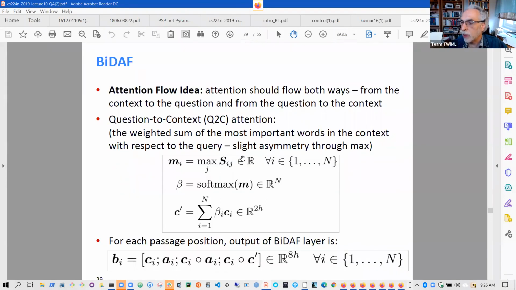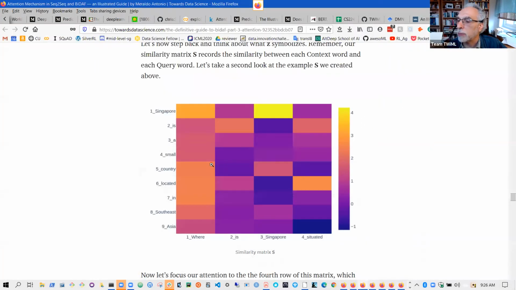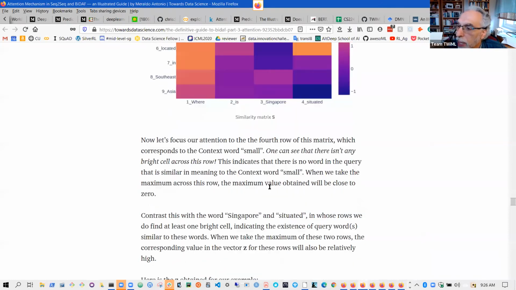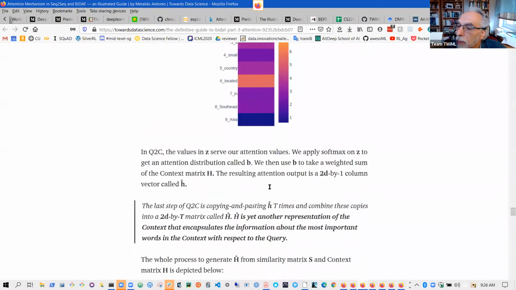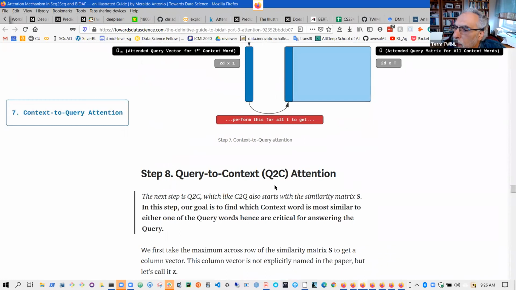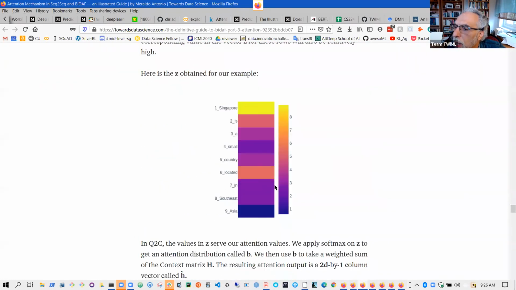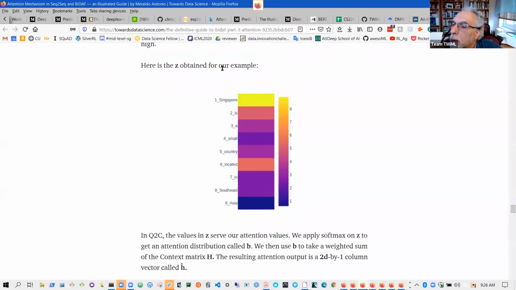So that's the view of it from the Stanford lecture, but Srinivas fortunately found us this nice document that gives us another look at it. Let's see. So query to context. How does that map into the Z?